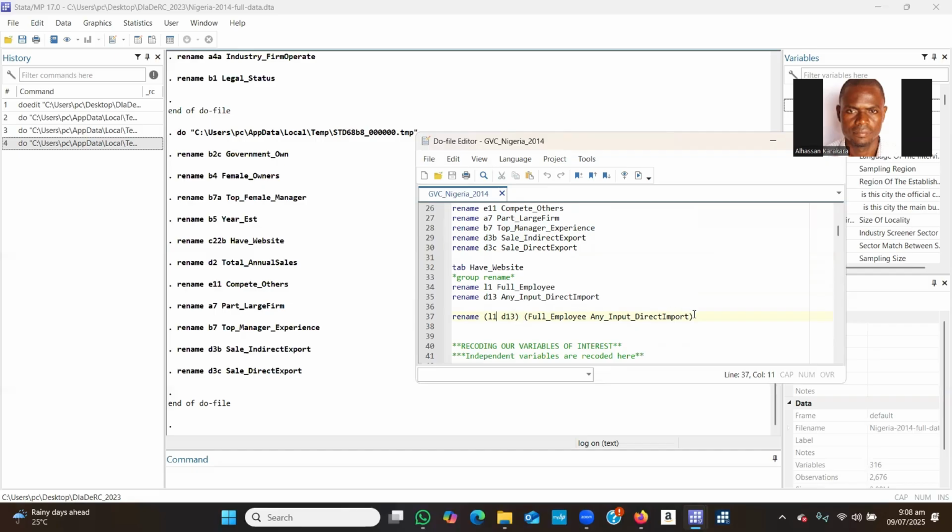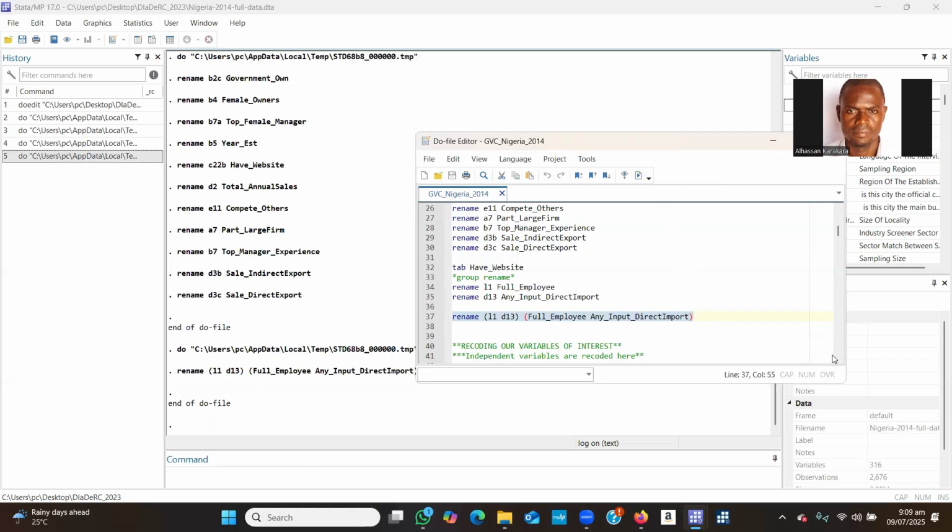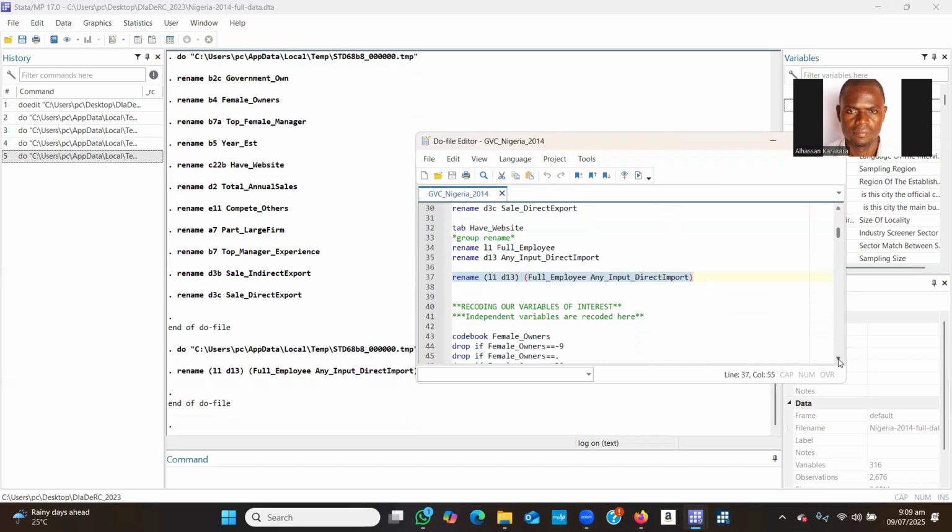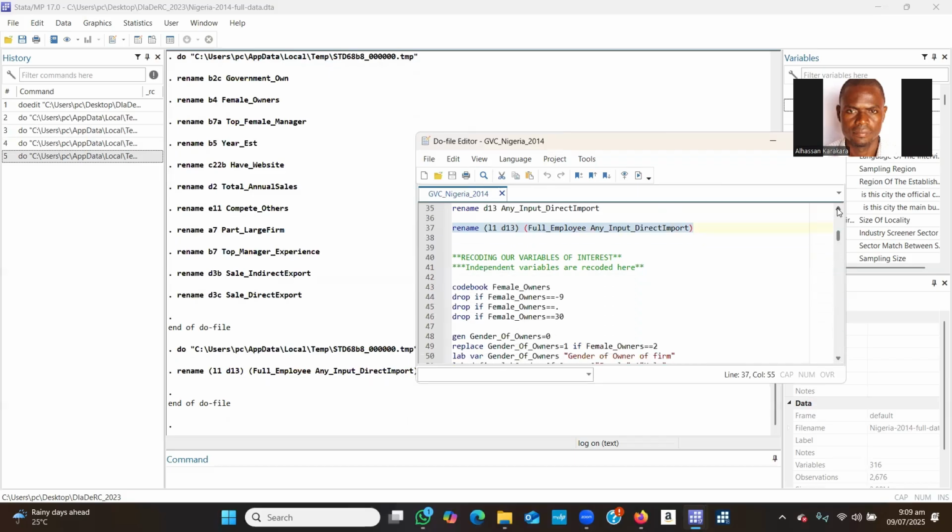Then you open another bracket and capture the names that you want to give each of the variables. So if the first variable is L1, you should make sure that you give it the appropriate name that you want, with a space. Then the second variable, D13, you give it the name that you want to give it. Then the third variable, the fourth, fifth, up to n number of variables. So you will just have to run one, and all the variables will be renamed at once. So these are the variables that I've renamed.